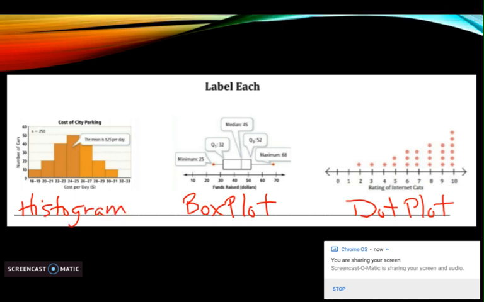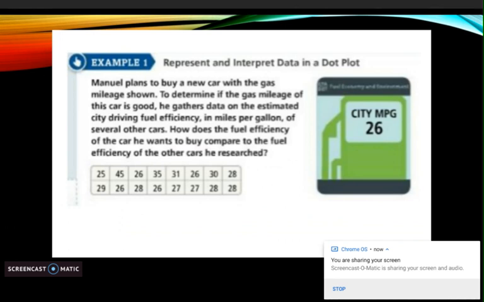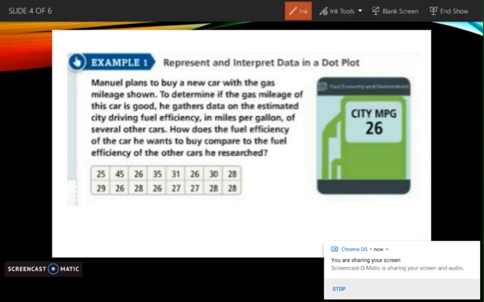Okay. So, like I said, the first one we're looking at is a dot plot. And this is the example we're going to use to represent that dot plot. So we have Manuel who's looking to buy a new car with the gas mileage that is shown here on the gas tank.